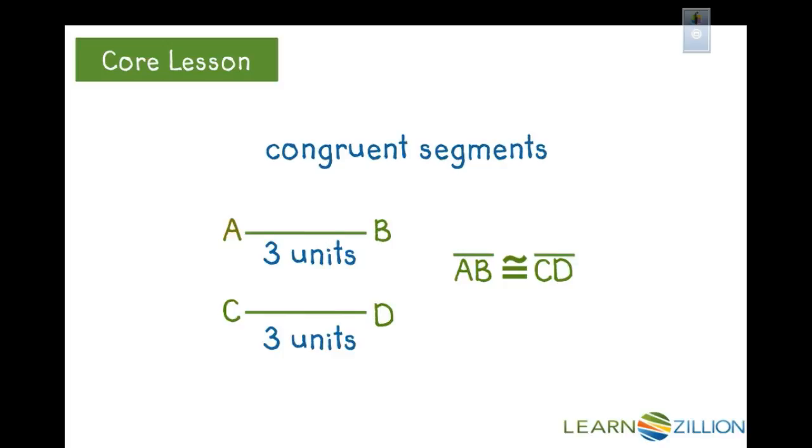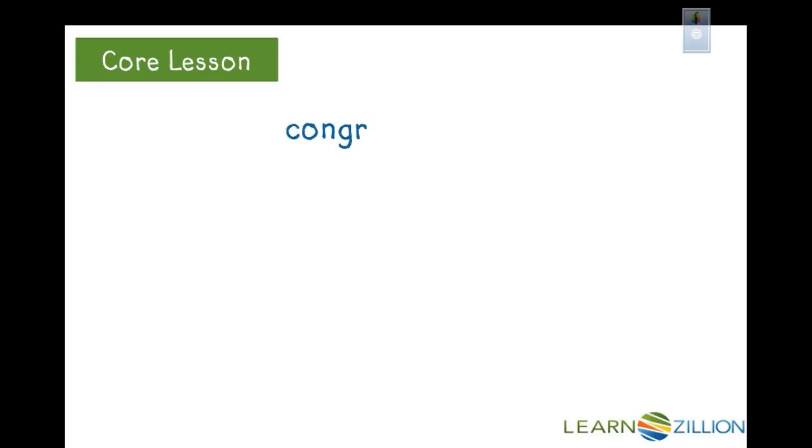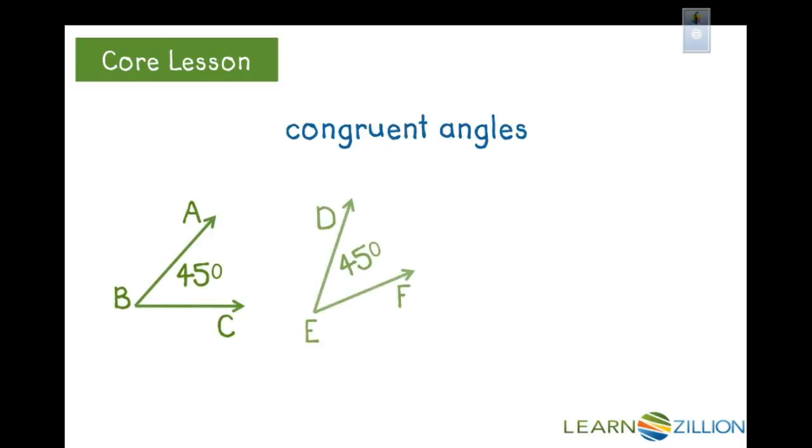Notice how A corresponds to C and B corresponds to D. Two angles are congruent if their measurements are the same. Angle ABC is congruent to angle DEF because they both measure 45 degrees. Notice how AB corresponds to DE and BC corresponds to EF.